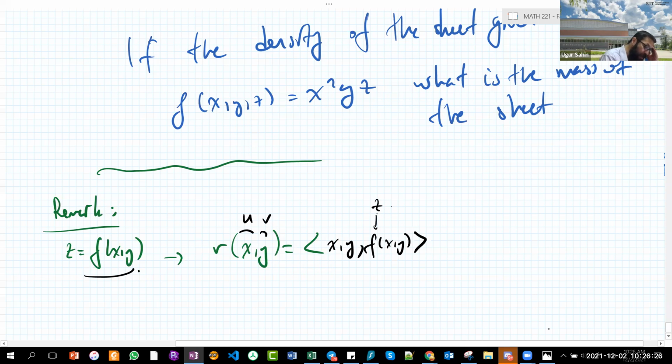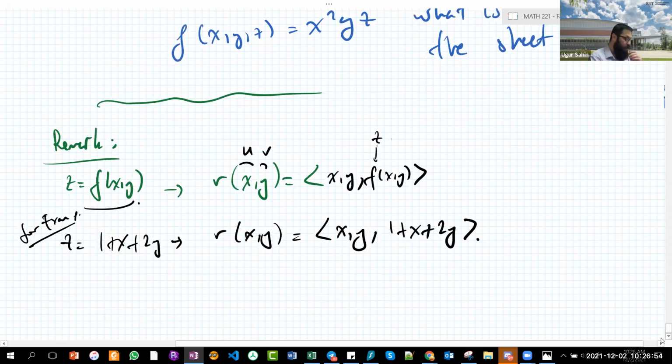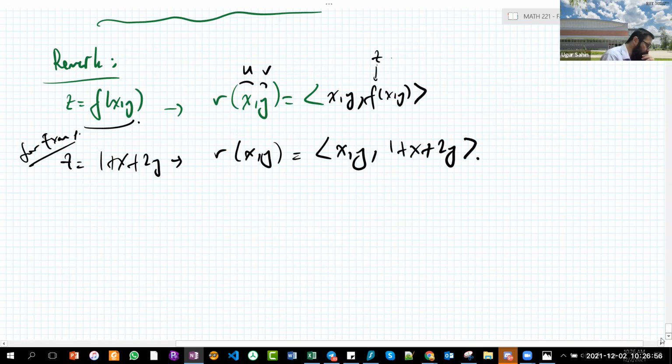For example, if z is given as 1 plus x plus 2y, the parameterization can be obtained using the same idea: x, y, and then the z function, which is f of x, y, 1 plus x plus 2y. Did you see? That is how I can parameterize the given surface.